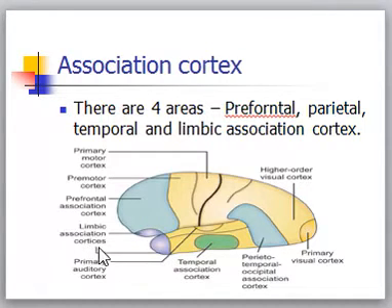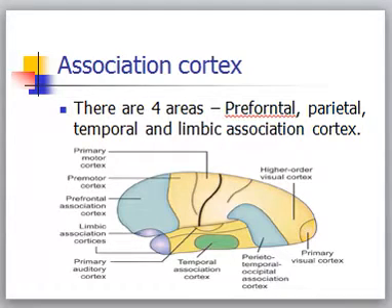And the cortical areas associated with the limbic system are included in the limbic association cortex. So these are the anatomical structures, and we have to explain clearly where each is situated.